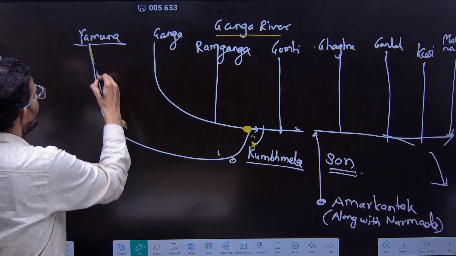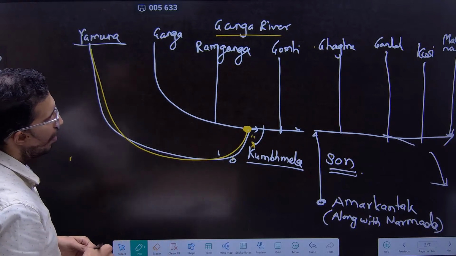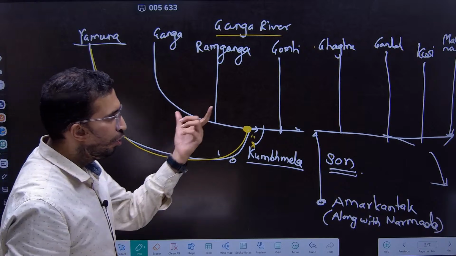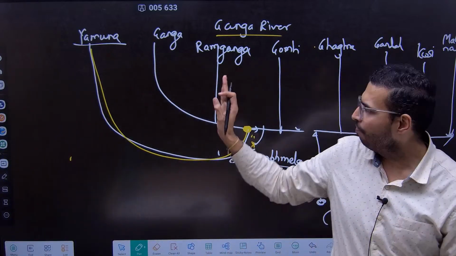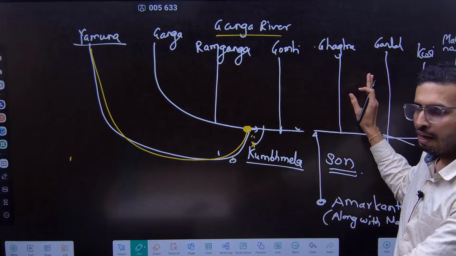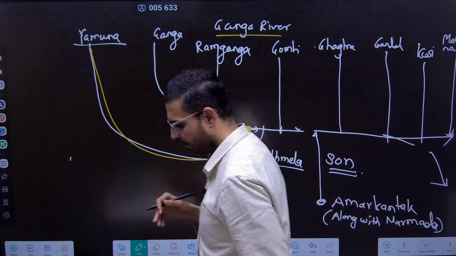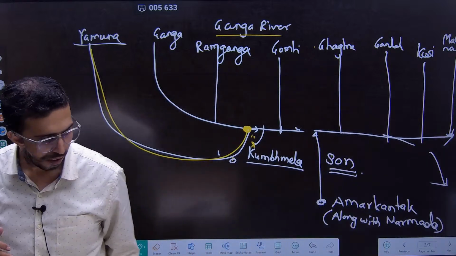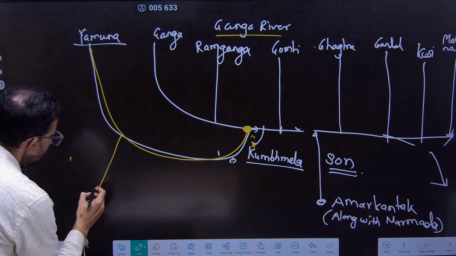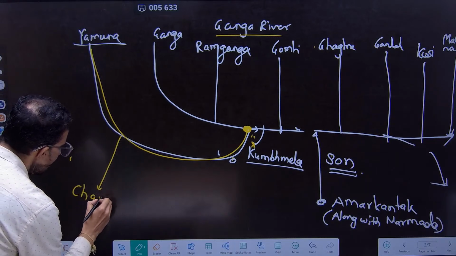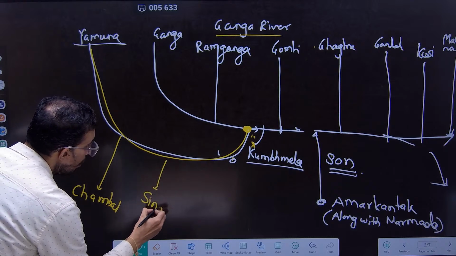If you have seen, this is the Yamuna river. Now you would be getting the sequence. What is the sequence from western to eastern among these rivers? Now you would be solving the question. Like Yamuna, write down the Chambal river, Sindh river, not Sindhu.